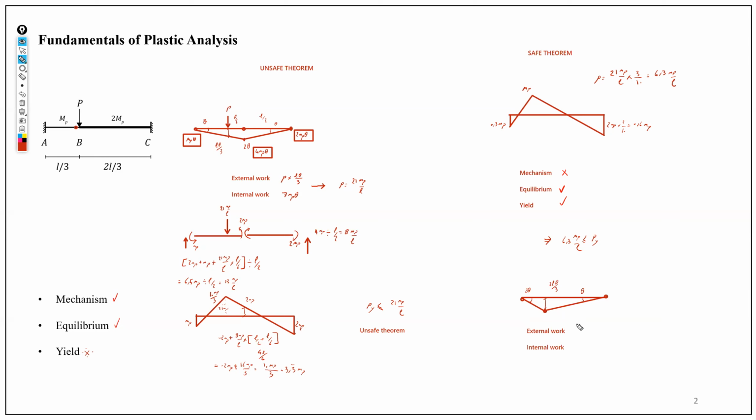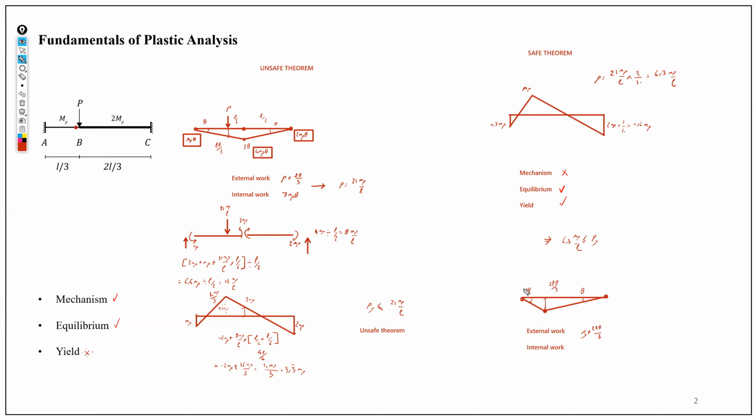Then again, our external work will be P multiplied by, let's call it Py from now, because we are sure that this will be our true mechanism. Py multiplied by 2L theta over 3, and internal work.